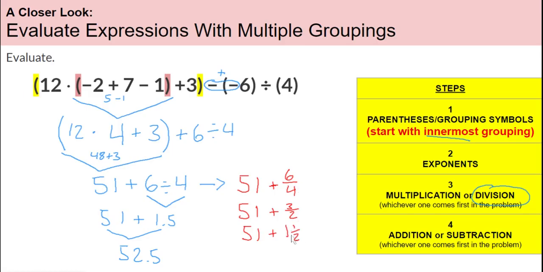Okay, so we got to change that. And so now I have 52 and 1 half. So if it wants it as a fraction, make sure you change it to a fraction. Once it is decimal, keep it as a decimal. Well, and even if you solve it as a decimal, you can turn this into this pretty quickly, because hopefully we know what 0.5 is, 1 half. All right.